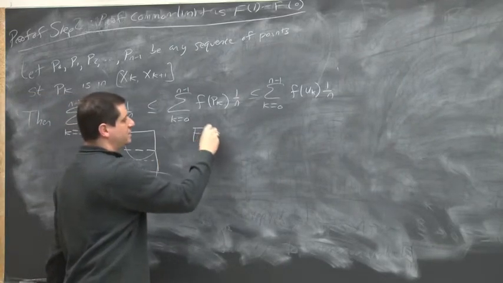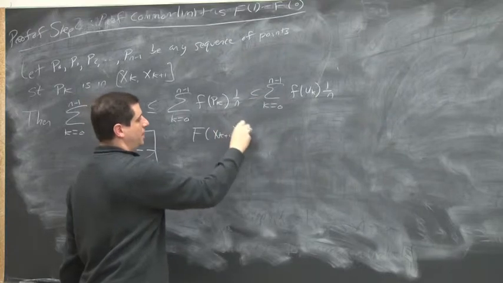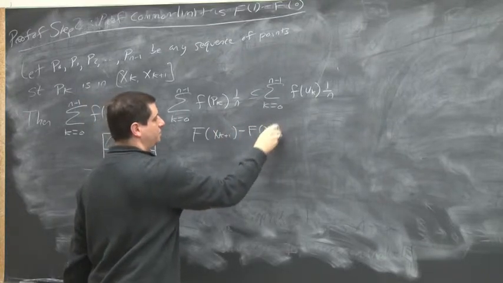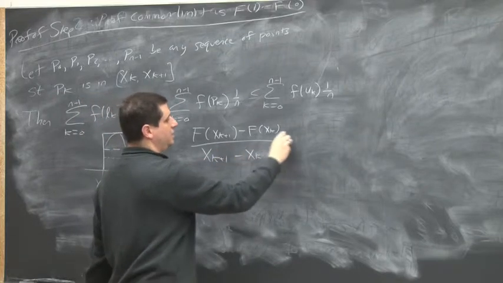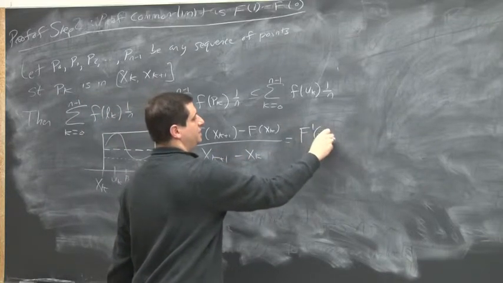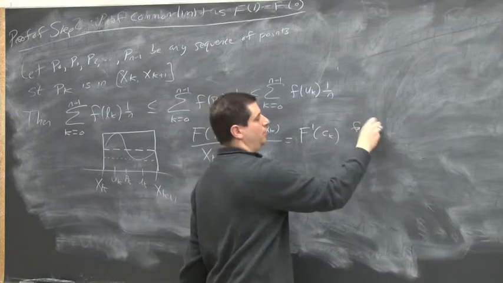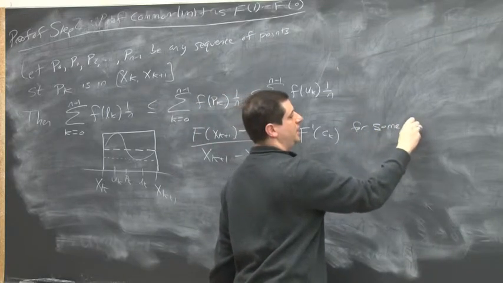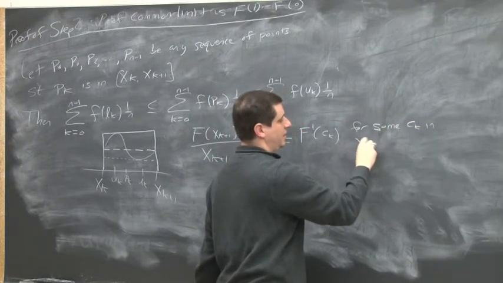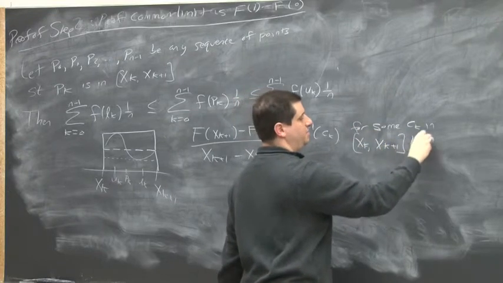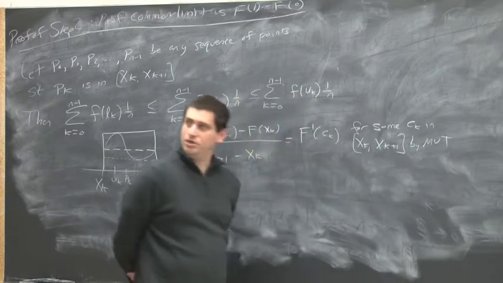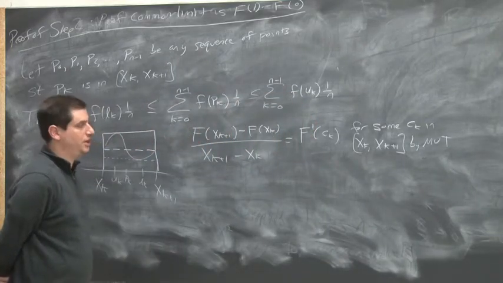So (F(x_{k+1}) minus F(x_k)) over (x_{k+1} minus x_k) equals big F prime of c_k for some c_k in (x_k, x_{k+1}) by the mean value theorem. So I want you to see that this is a reasonable thing to try.